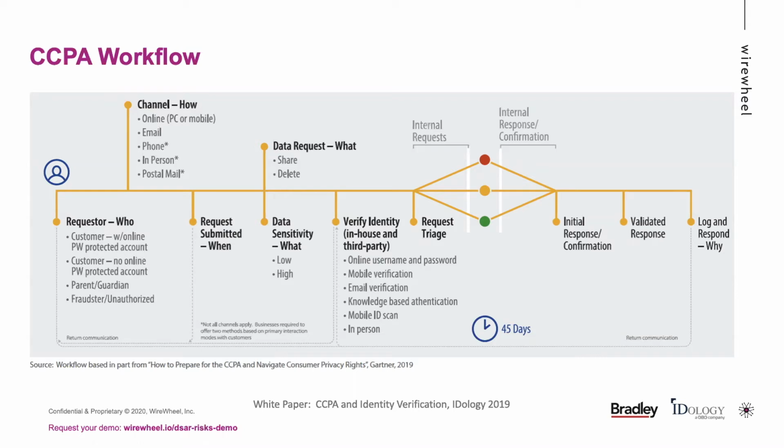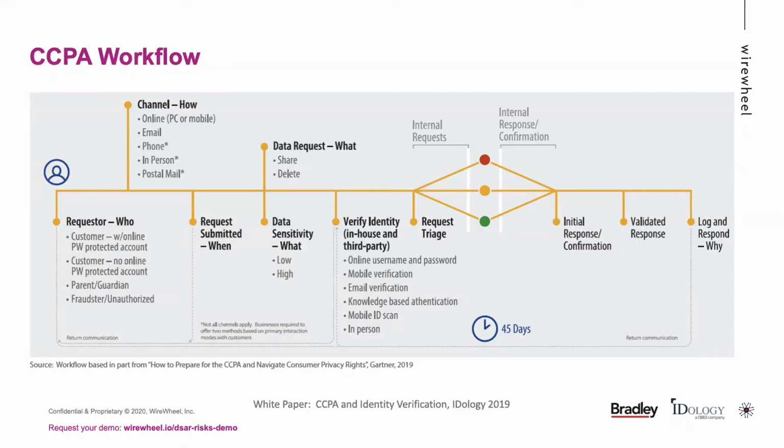There are different kinds of requesters, and how and when they make that request impacts the length of time to respond, as Aaron mentioned. What is the nature and sensitivity of that request? Is it deleting health records versus viewing web history? These are all the determinants that go into deciding which verification methods get presented and utilized.